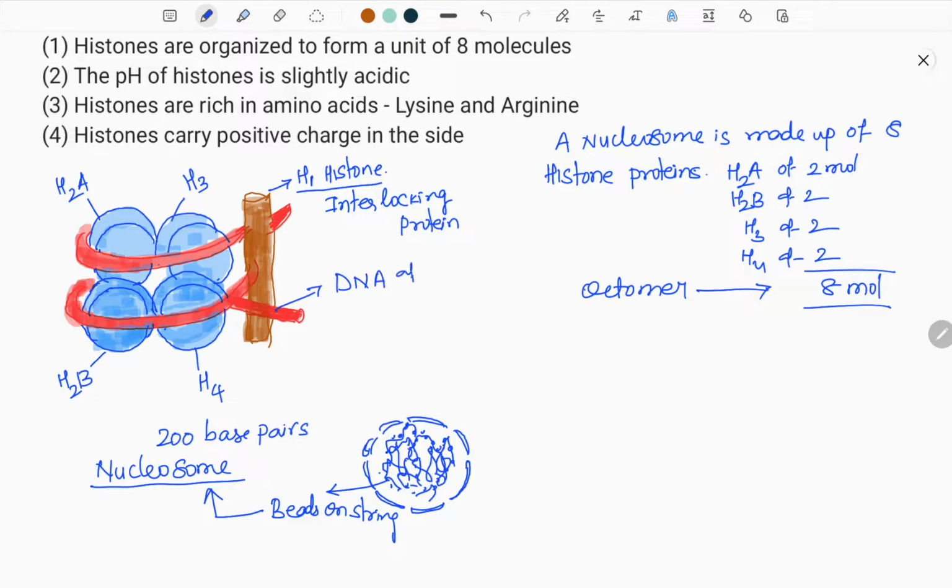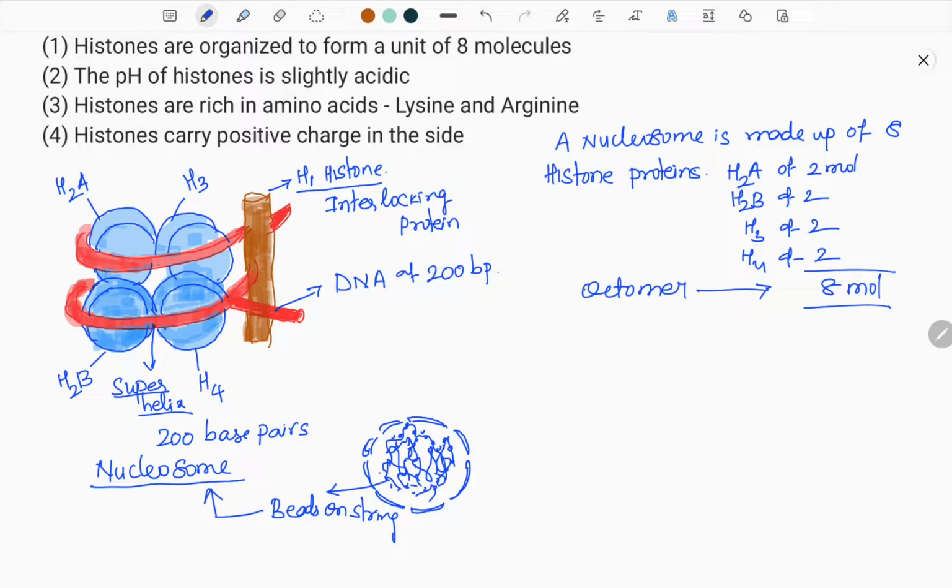This DNA is of total 200 base pairs. So this DNA wraps around the nucleosome twice, which is called a super helix.